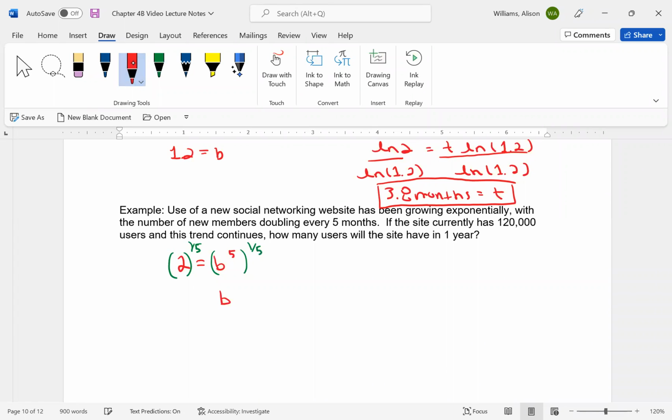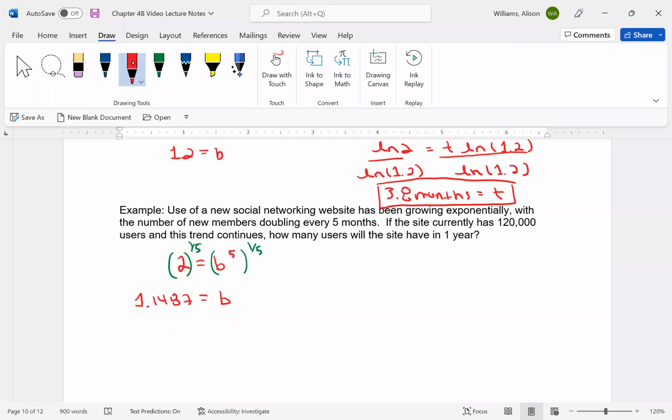So I get 2 to the 1/5, which comes out to 1.1487. I'll go at least 4 decimal places. All right, so there is my B. So how many users will the site have in a year?